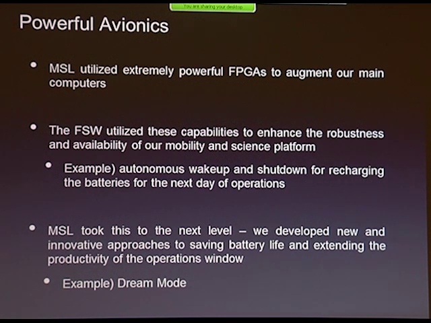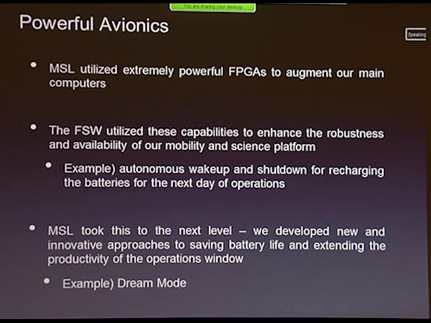Example, the wake up and shutdown that you guys see, this autonomous wake up and shutdown capability for recharging the batteries for the next day of operations, that's all done in the FPGA. It's all done by the REU FPGA, okay? It has an internal state machine called PPROM, Personality PROM, that actually shuts the spacecraft down and wakes it up in the morning.